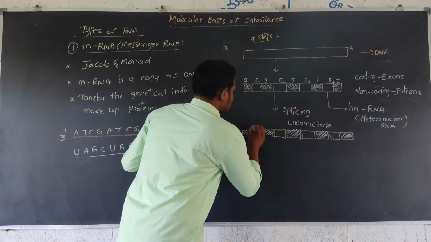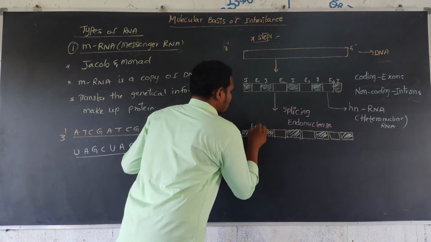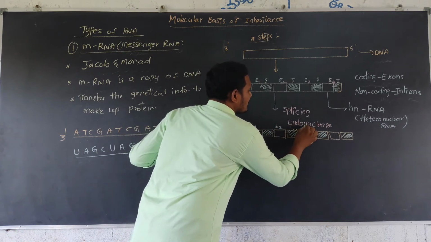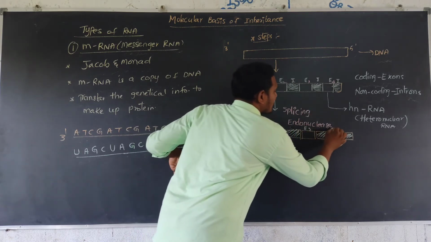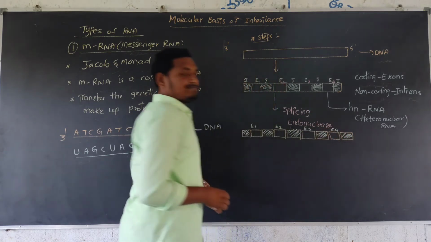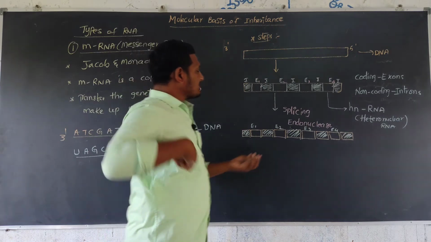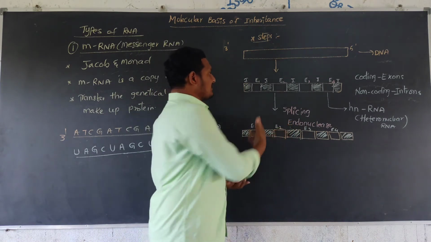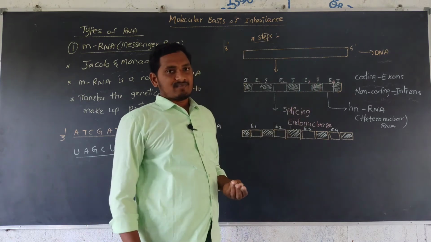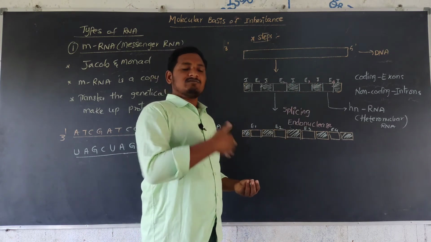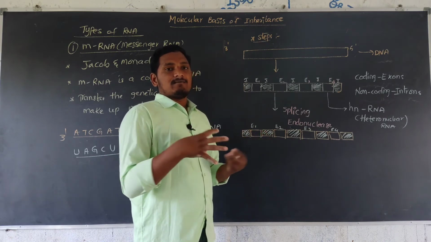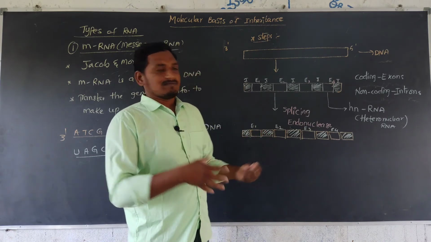So this is exon 1, exon 2, exon 3, exon 4. The endonuclease enzyme will cut these pieces and divide introns as well as exons. Introns and exons get broken down into pieces.